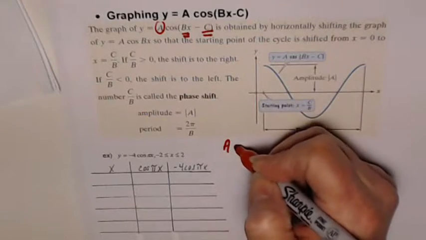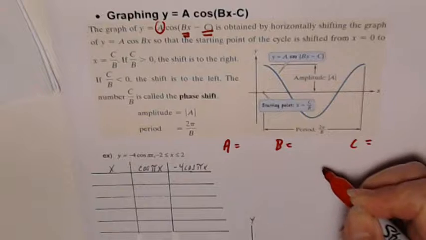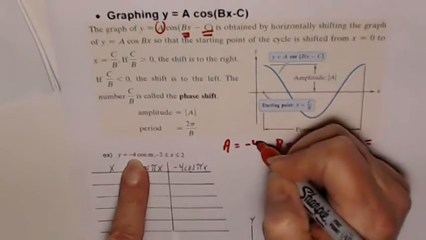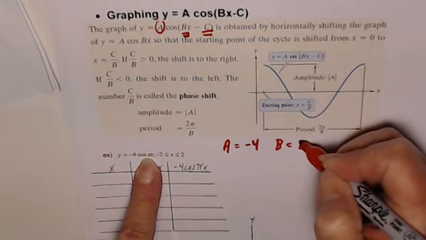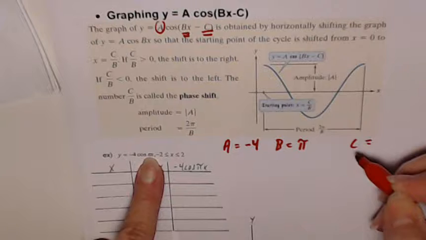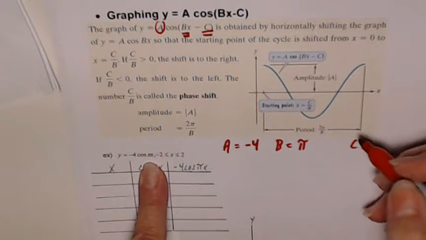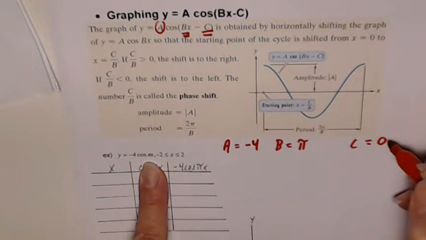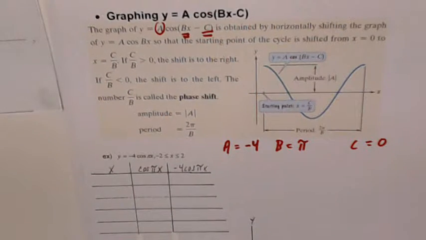So let's identify A, B, and C. In our example, A is -4. B is pi, so remember B is the information right in front of the x, and then we do not have a C here. So C would be 0. There is no phase shift that we're going to be taking into account here.